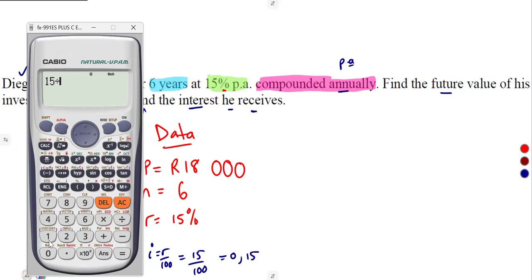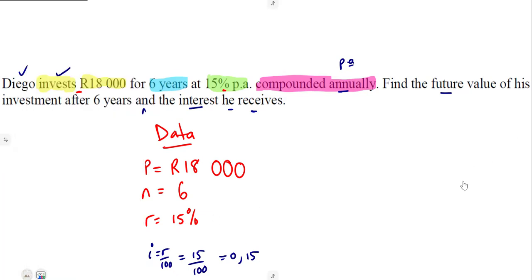15 divided by 100 is what? 0.15. So as a decimal, this one, R as a percentage, compounded what? Annually. So this is per annum from compound interest, meaning to say the compound interest formula has to be used.